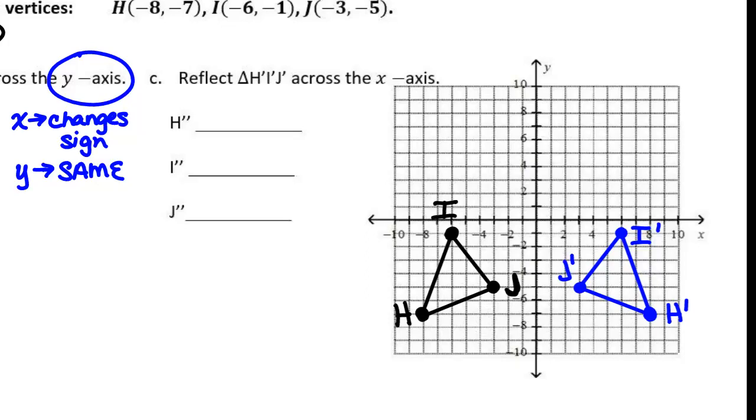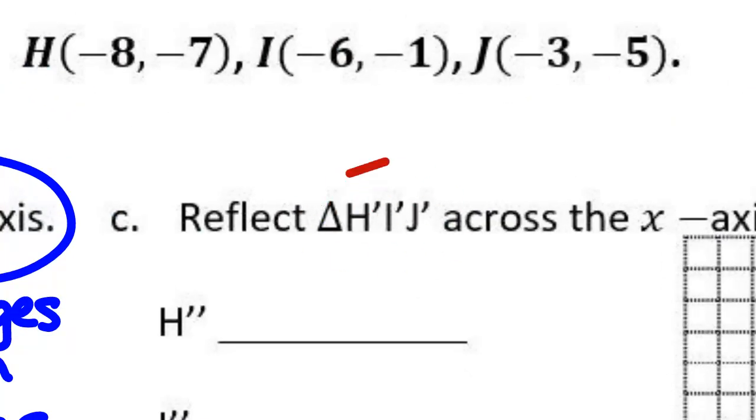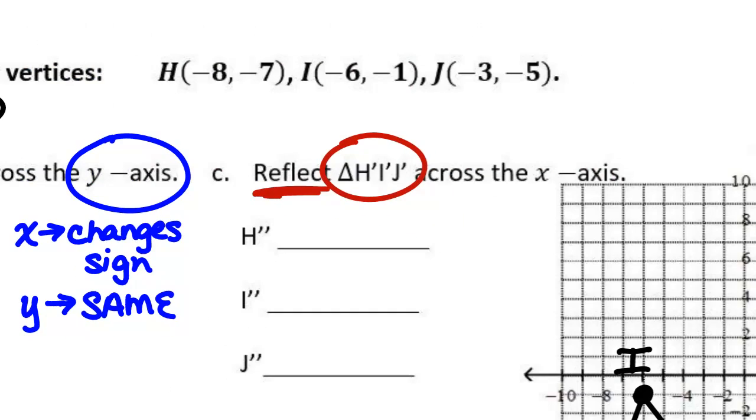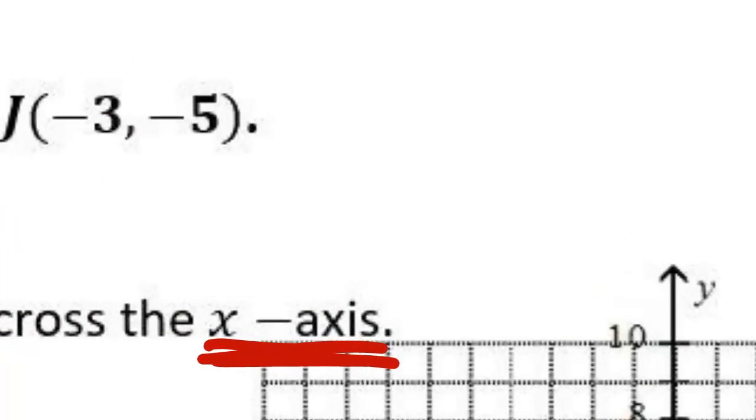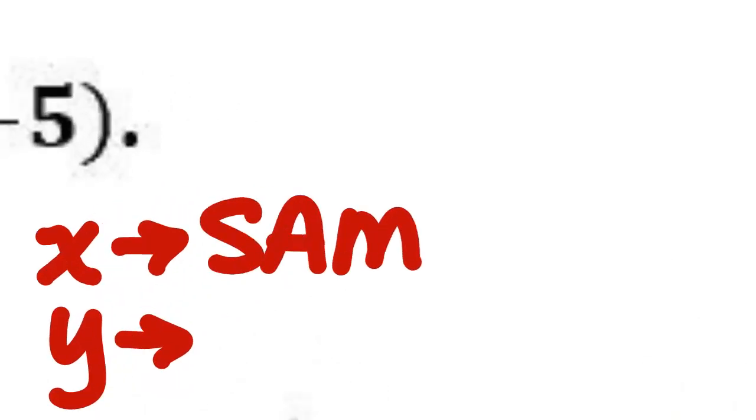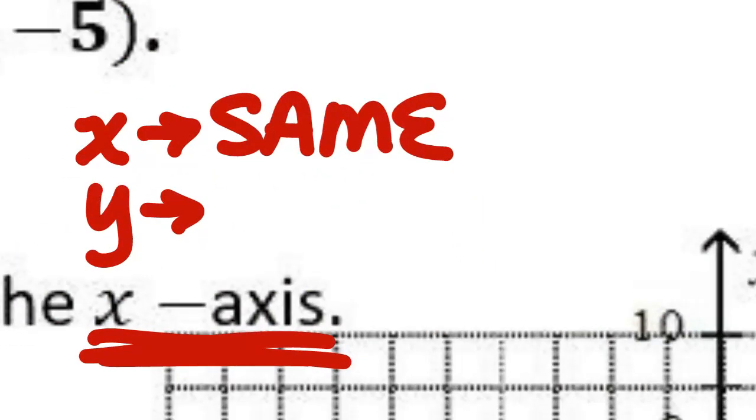Right, now I'm going to take that triangle that we just worked with, H prime, I prime, J prime. We're going to reflect that across the x-axis. So talk to me about what changes, what stays the same. If I reflect across the x-axis, yes, x is going to stay the same. Y is going to change sign.